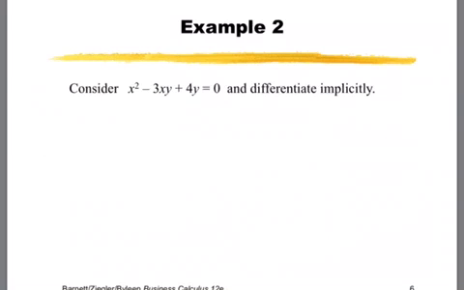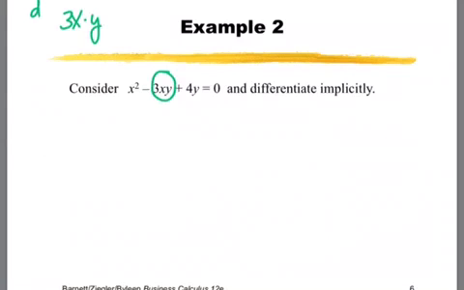Now let's consider the function x squared minus 3xy plus 4y equals 0 and differentiate implicitly. Before we begin, let's look at this middle term. I'll distribute the negative later. Notice here I have a product, 3x times y.